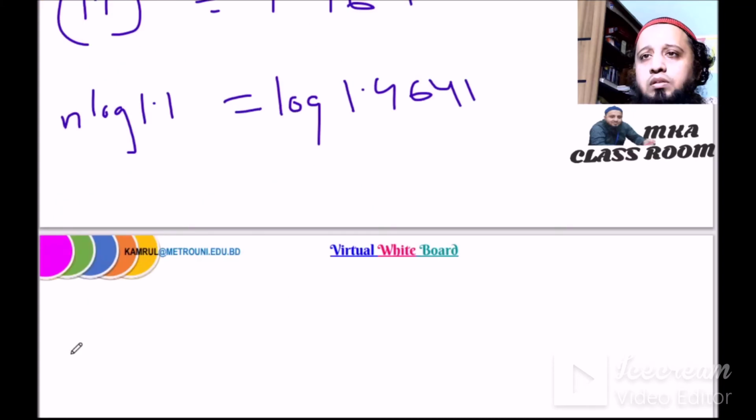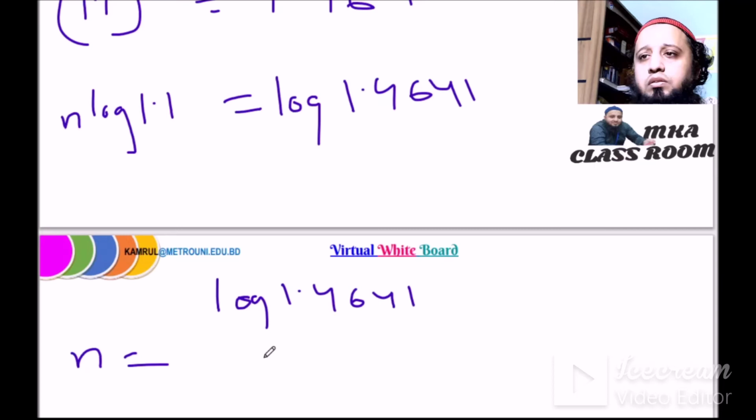Then n equals log 1.4641 divided by log 1.1.